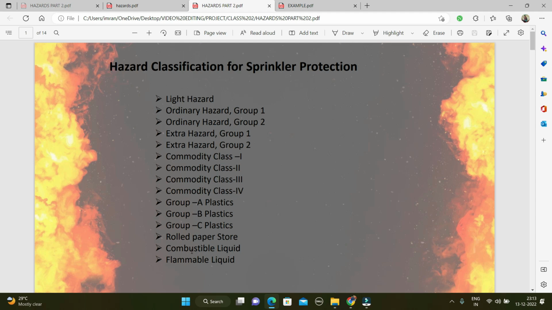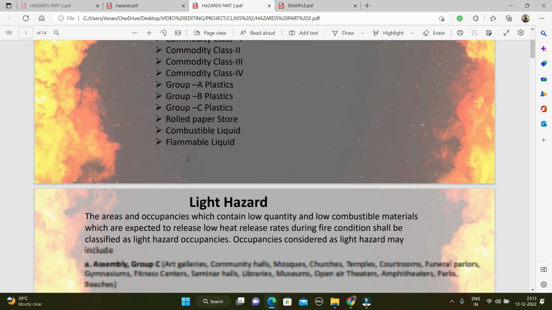So these hazards are very, very important. Without knowing about the correct hazards we cannot design. So now let's explore everything one by one.